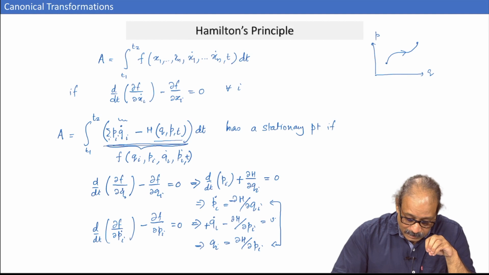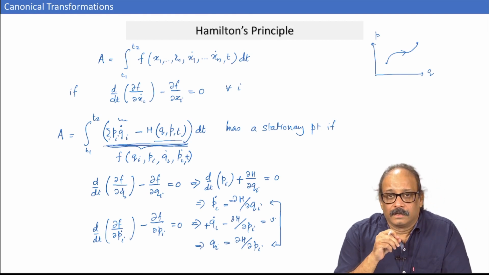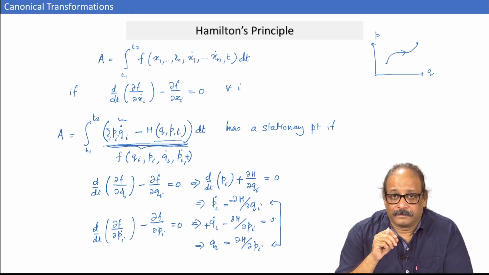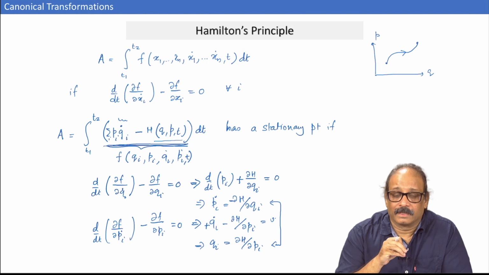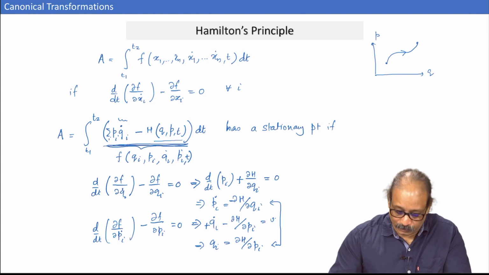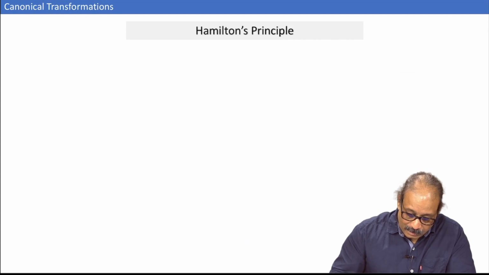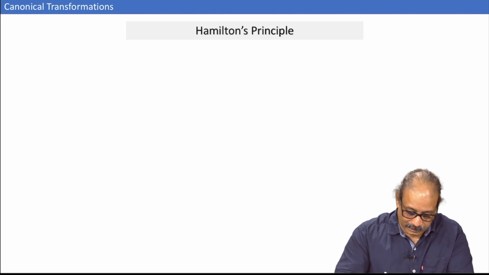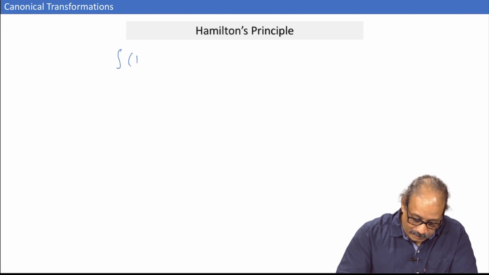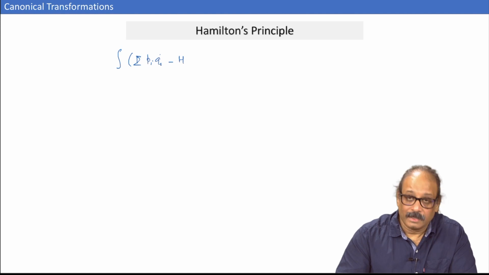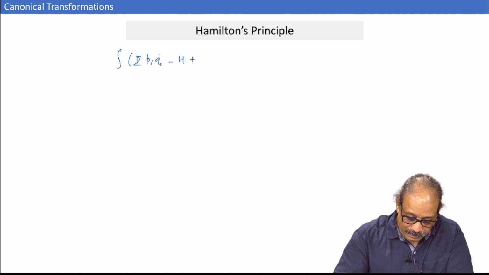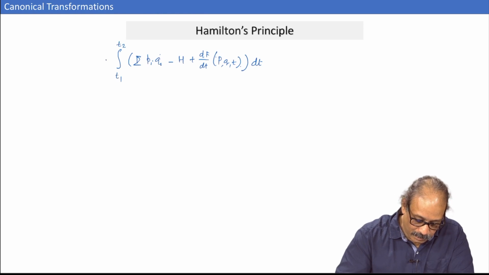Now, this one here, if I for example add a total derivative of some function into this, remember this result we had seen when we were doing a variational principle, that if I for example take that integrand, the summation over p I q I dot minus h, and if I add a total derivative of some function of p and q and t to construct action like this.